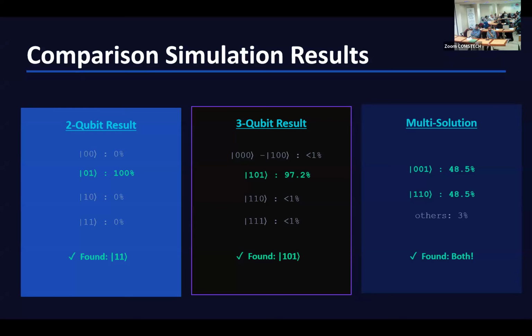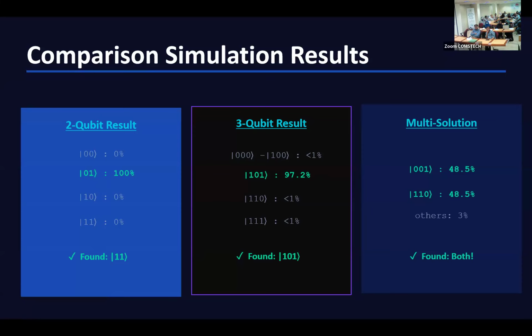We have done the code for 2-qubit, 3-qubit, and multi-solution. For the case of 2 qubits, we get the desired state with 100% probability; that is, we find our desired 1, 1 state. But when we increase the qubits and our desired states are fewer in number, we find it with a higher amplitude, but the other states still exist.